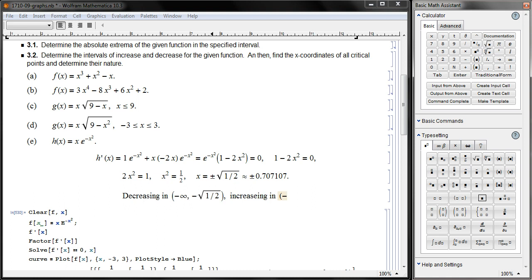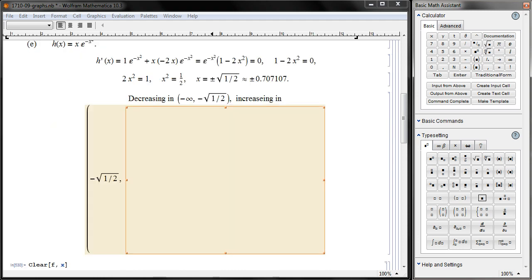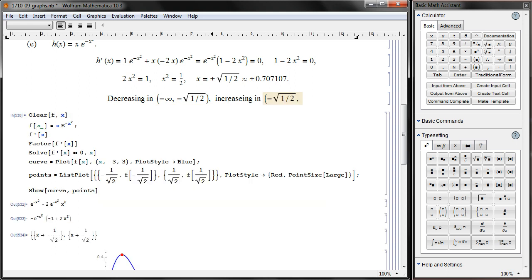Increasing from negative square root of 1/2 to positive square root of 1/2, and then decreasing from square root of 1/2 to infinity.